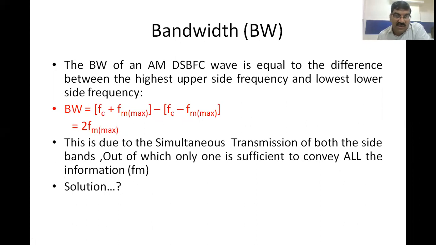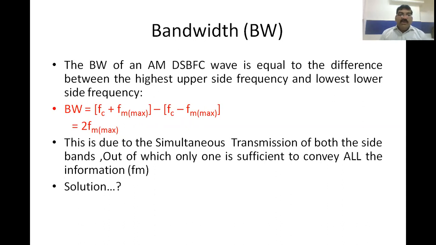This much is the bandwidth we are using. This is because we are transmitting both sidebands, out of which only one is sufficient to convey all the information. That is, FM is sufficient, but we are transmitting both.